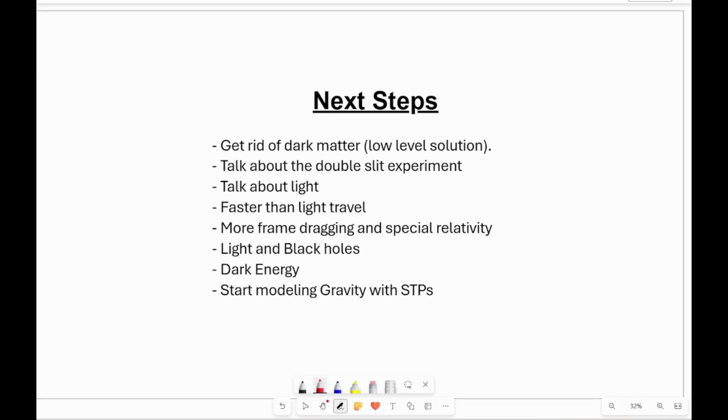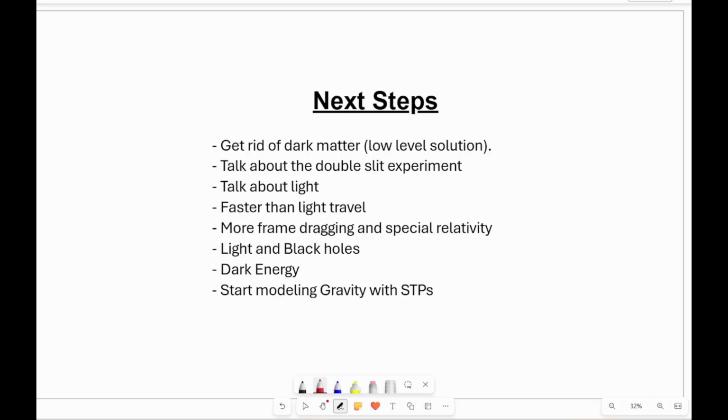Now this is my next few things that I want to cover. I might not do this in this particular order, but I want to first look at what we've done so far and see how we can get rid of dark matter, and so how we can solve the rotational curves of the galaxies using the flowing space-time particle model. We're also going to try to explain the double slit experiment at some point. I want to talk a little bit more about light.